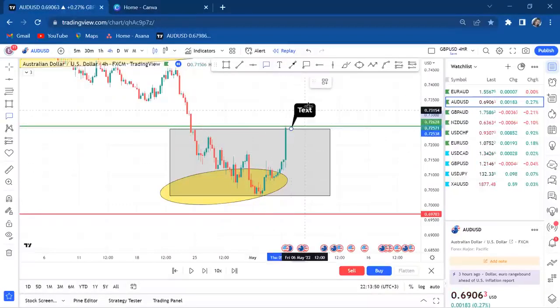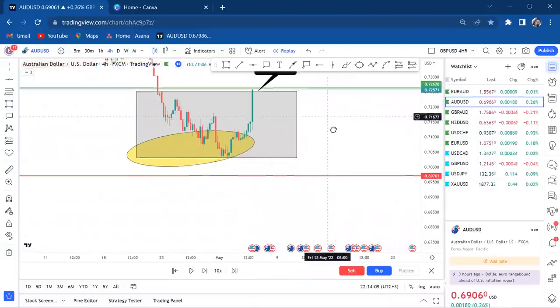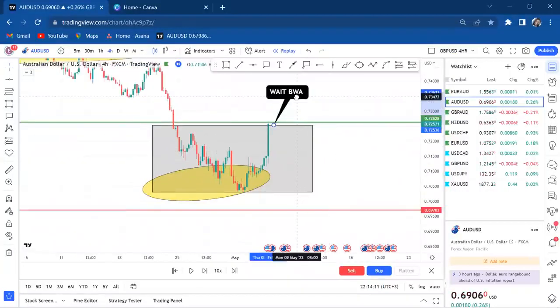So guys, those who ask, what is BWA? It's only taught in my mentorship because I want my students first to get it and test it so that we can tell you all how it is about. So you wait for the BWA, and then you can know what to do after this ranging.